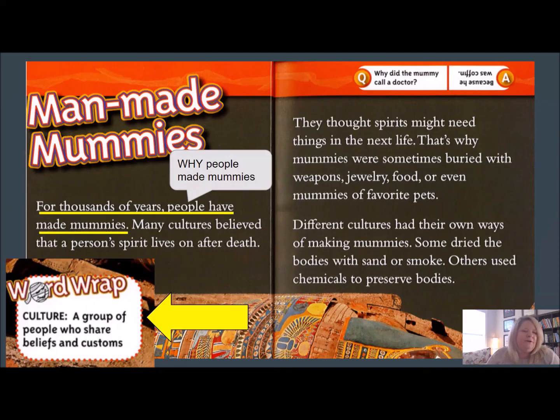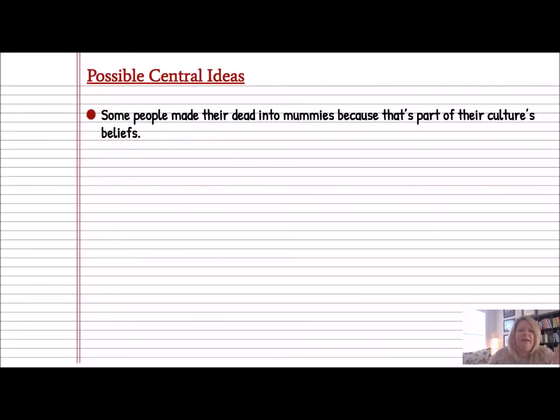And a culture is a group of people who share beliefs and customs. I'm going to put all those things together to come up with a central idea. It helps to say the central idea in a sentence. So here we could say something like, some people made their dead into mummies because that's part of their culture's beliefs.